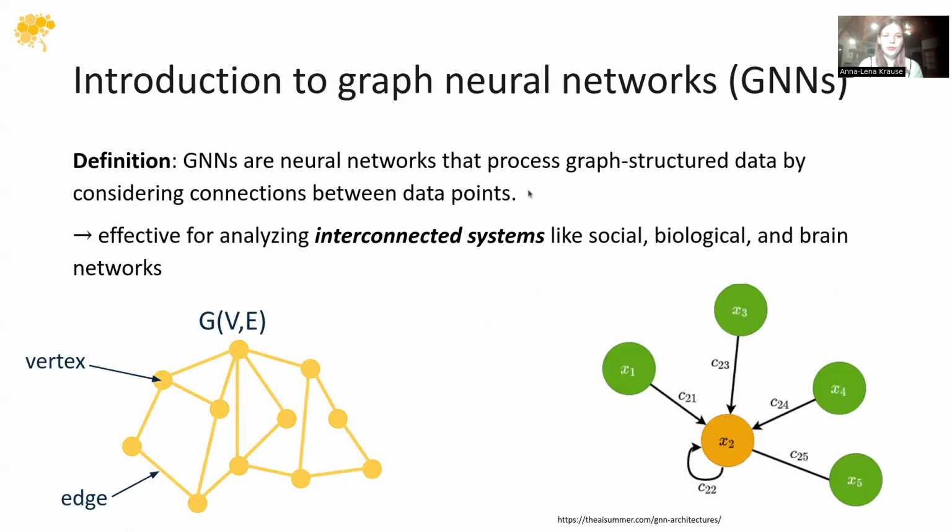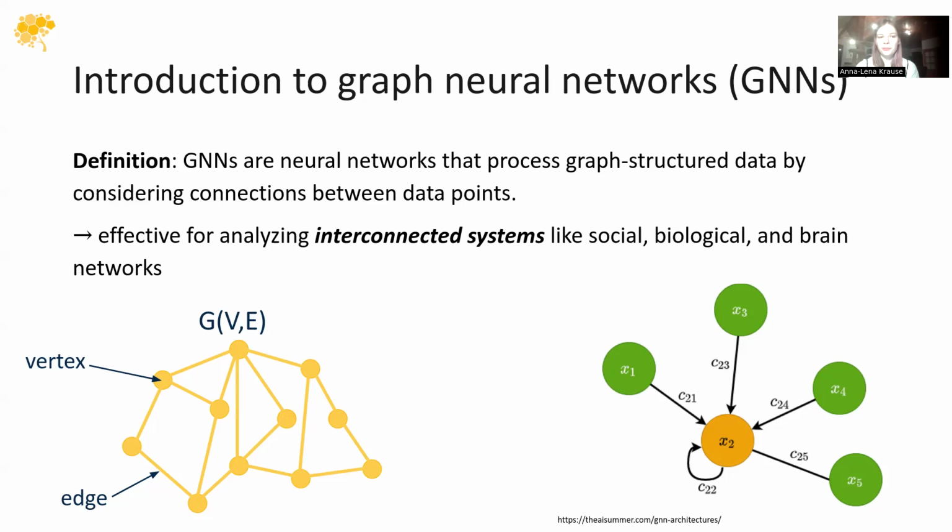So, brief overview of graph neural networks. Graph neural networks are a certain class of neural networks that are designed to process graph structured data by specifically considering the connections between the data points.